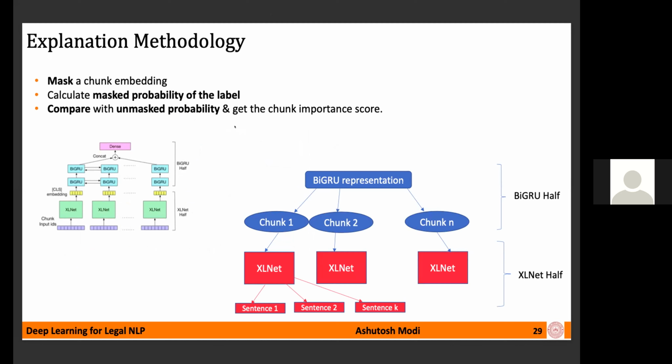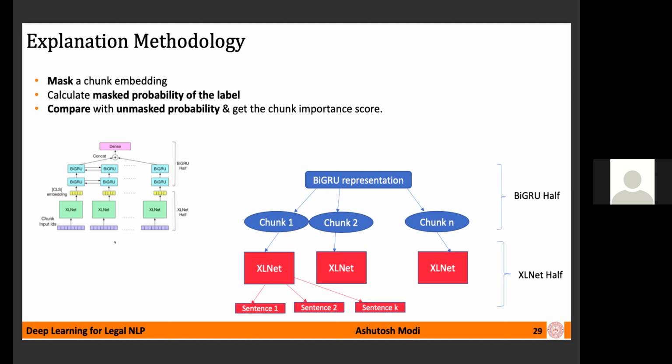If the chunk is really important, there would be a significant drop in the prediction without the chunk. So that's how it gives an idea whether the chunk is important or not.